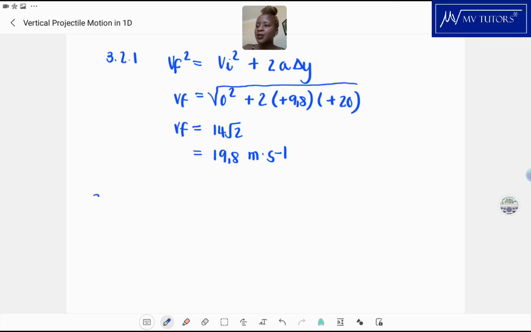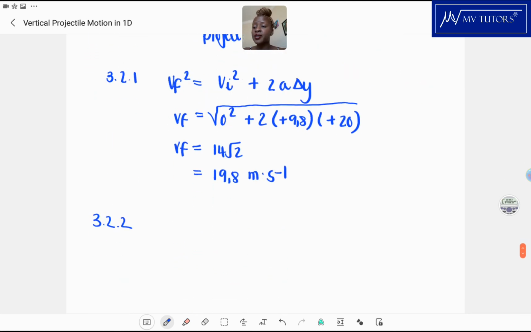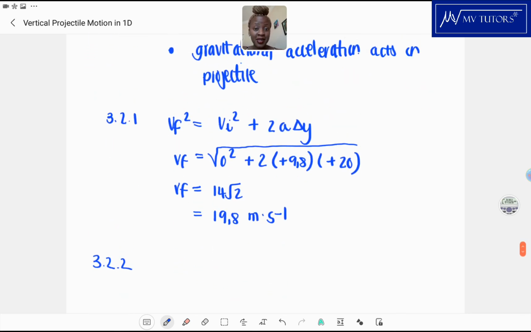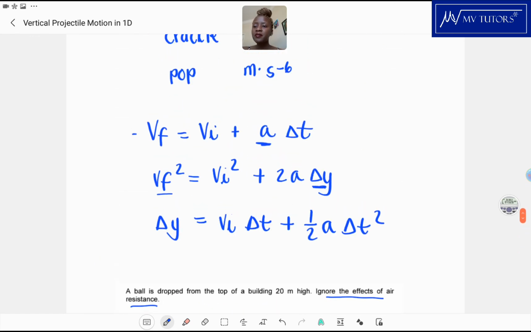And the second question they asked is for us to calculate, I think, the time it takes for the ball to reach the ground. So we have the final velocity, we have the initial velocity, we have our displacement. So we can either use this equation, because we're looking for time, or that equation.